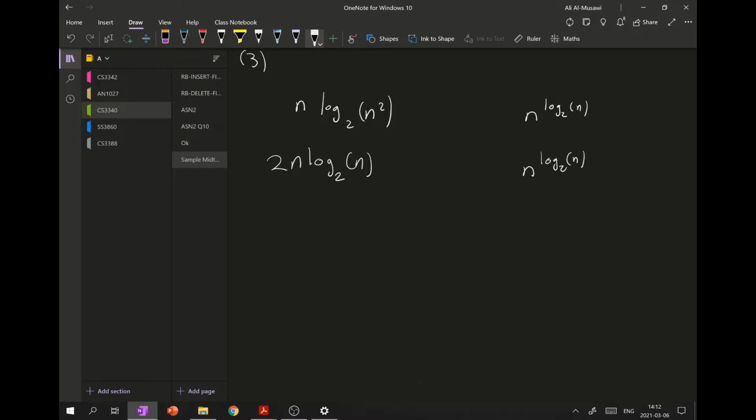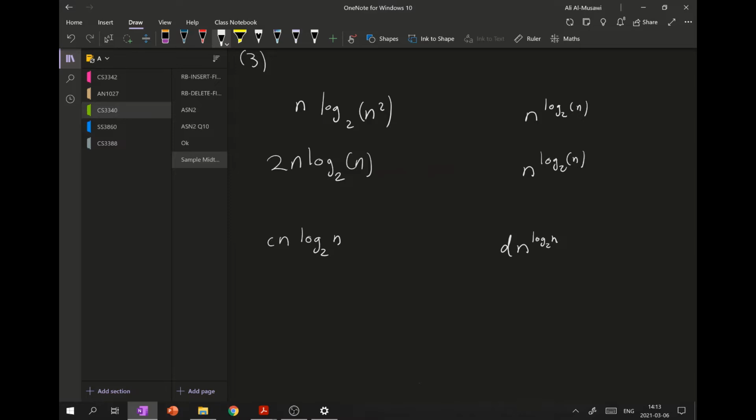Now, what I want you to imagine with me right now is, forget about constants. So let's look at, in general, C n log 2n, and then we have, again, let's put a C here. That's not necessarily the same one, so maybe let's just put D. D n to the power of log 2n.